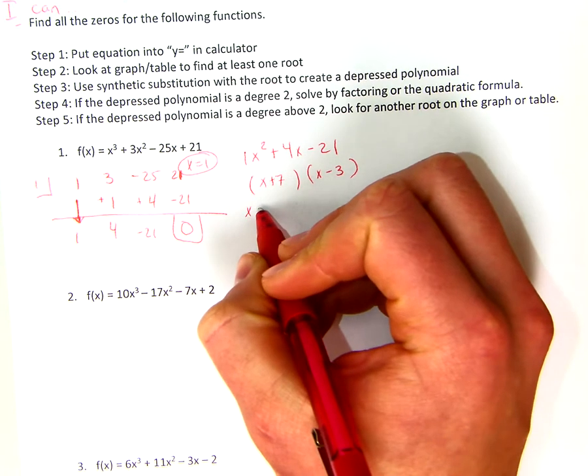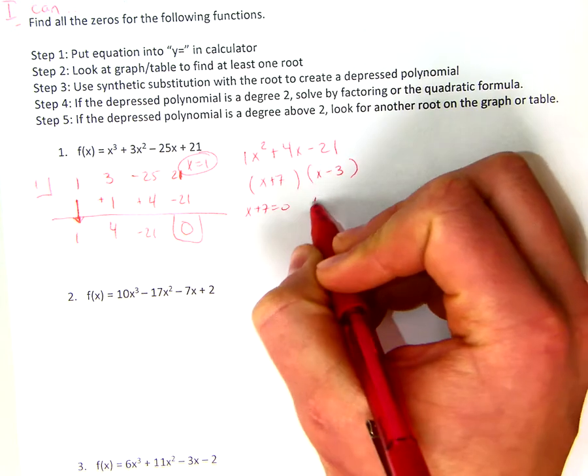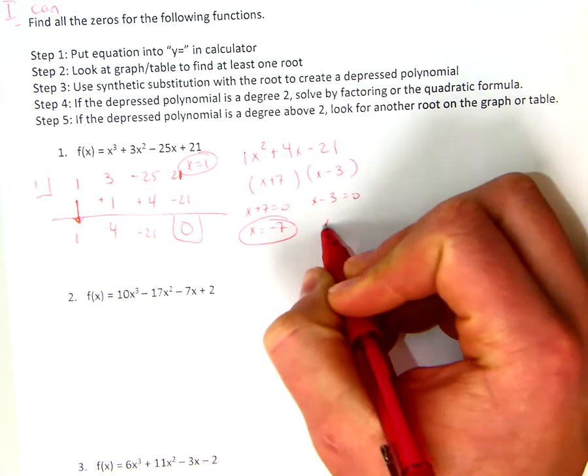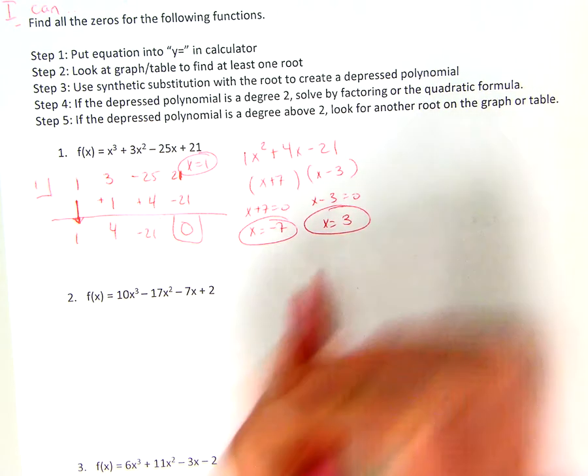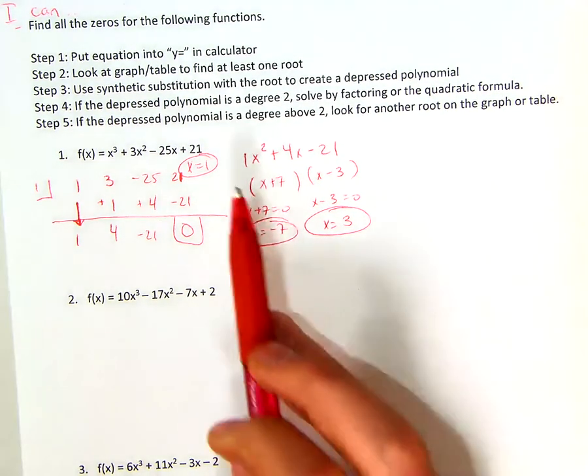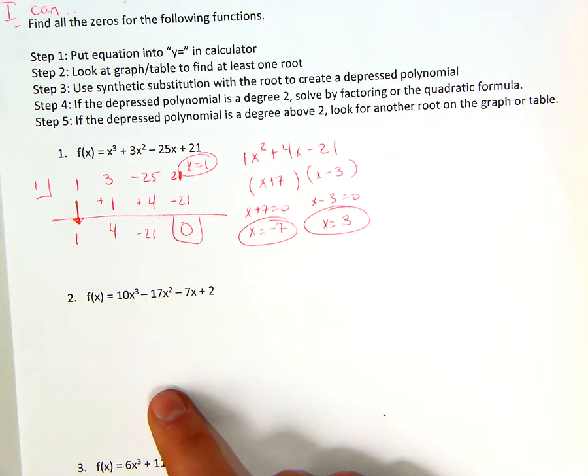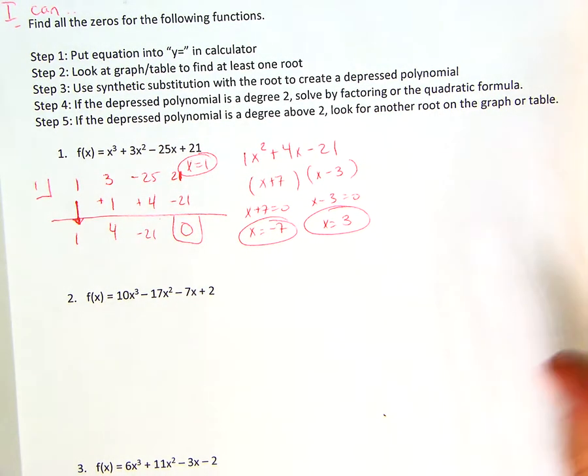So my solutions are x plus 7 equals 0, x minus 3 equals 0. So x equals negative 7 and x equals 3. I then have my 3 solutions again, and you are done. Basically the same thing as yesterday, it's just a matter that they're not giving us a solution and we have to use our calculator to find one.